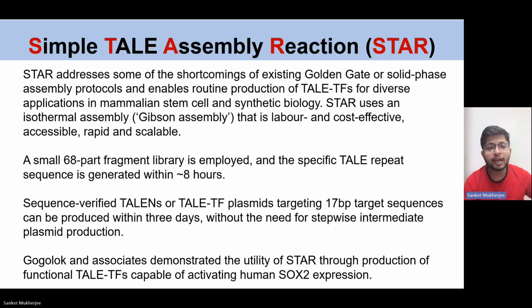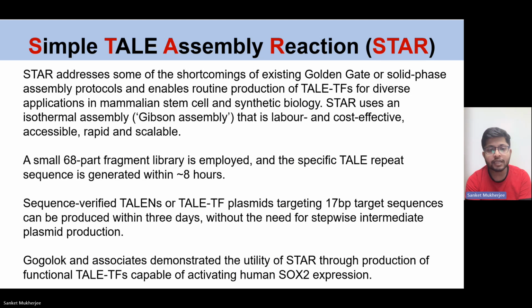STAR uses an isothermal assembly, also known as Gibson assembly, that is labor and cost effective, accessible, rapid, and scalable. So this is all about STAR. A small 68-part fragment library is employed, and the specific TAL repeat sequence is generated within 8 hours. So it reduces the time a lot.